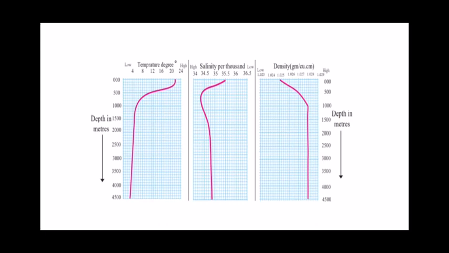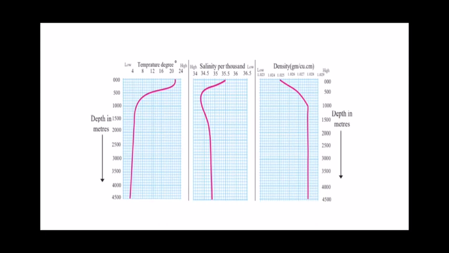As compared to salinity, temperature affects density more. Hence, sometimes more saline water has lower temperature at the surface. But still, the density of such water is more than other water.